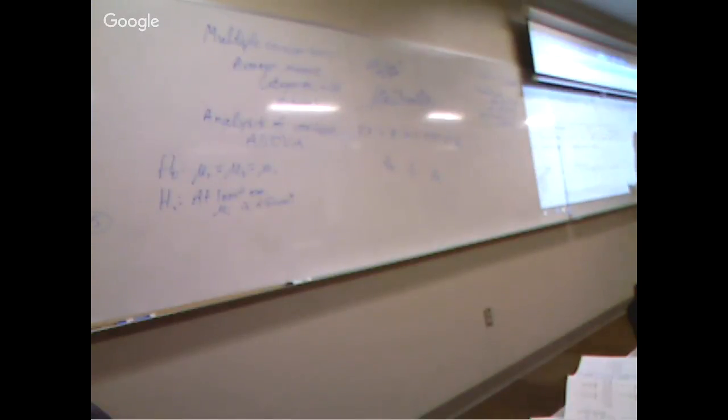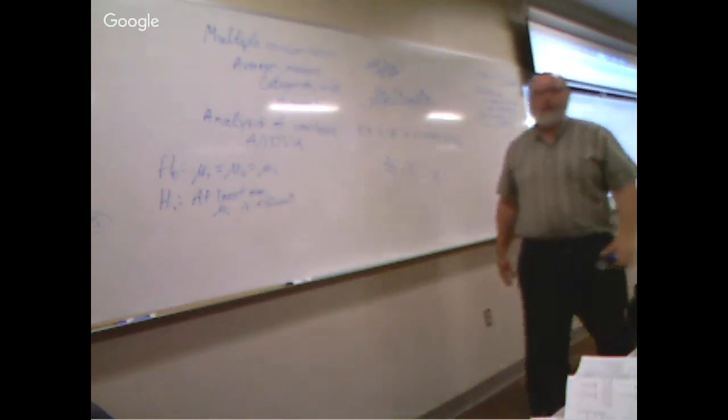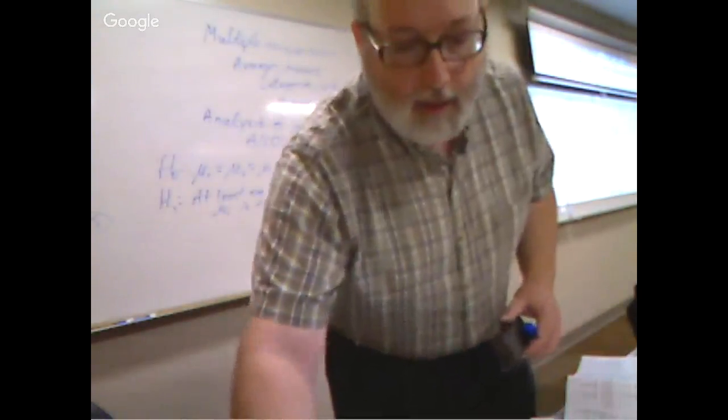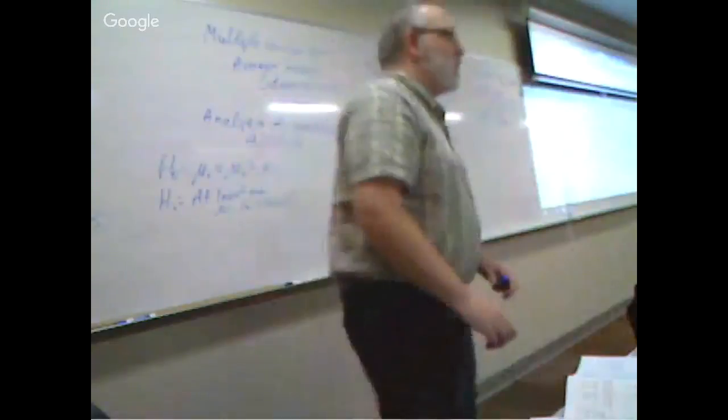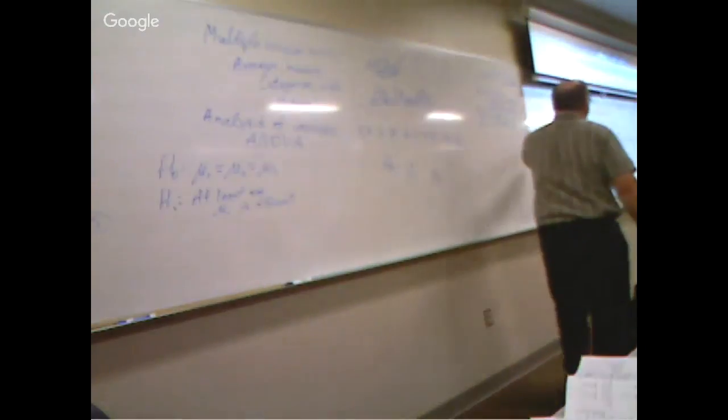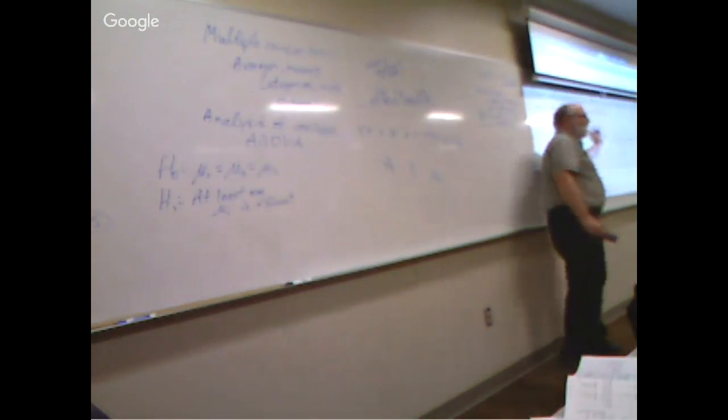What's the difficulty in this problem? Number one, the null and alternative hypotheses. You have to know what you're actually talking about. What are we trying to prove? We're trying to prove that we have different averages between these different areas. I have a list of per pupil expenditures.